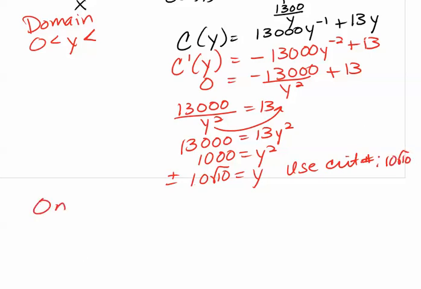So now let's test our intervals on 0 to 10 radical 10. And then what happens if we're larger than 10 radical 10? And we could go all the way up to, say 1300 divided by 3.